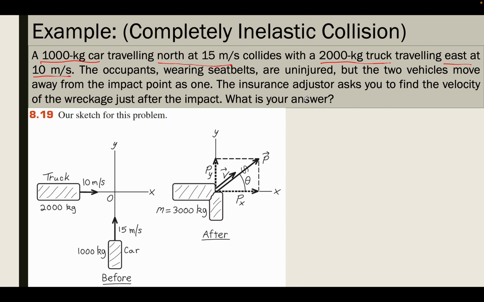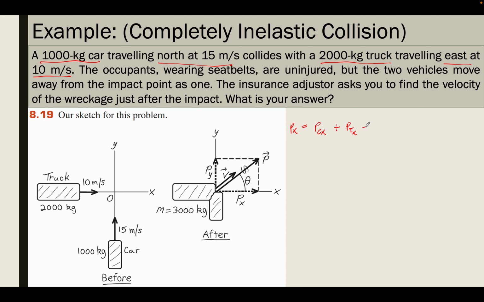Okay, so let's start with p sub x. So p sub x here is the momentum of the car along the x-axis plus the momentum of the truck. So let's have the variable c for the car and t for the truck. So again, we have p sub x is equal to the momentum of the car plus the momentum of the truck along the x-axis.